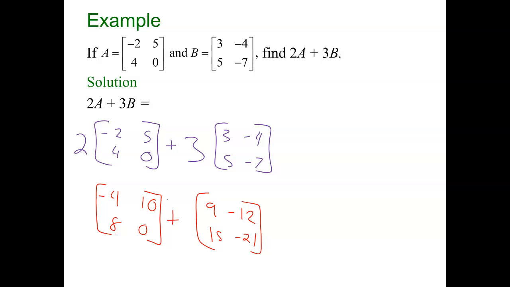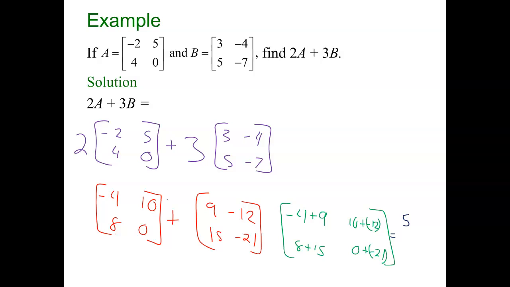Alright. Now what am I going to add? So negative 4 plus 9. What else? 10 and negative 12. 8 and 15. 0 and negative 21. Let's see if I have enough room. I believe I can do this. Negative 4 plus 9. 5.